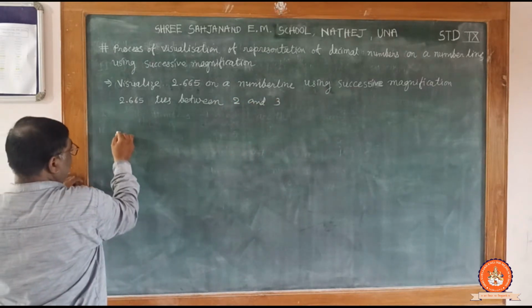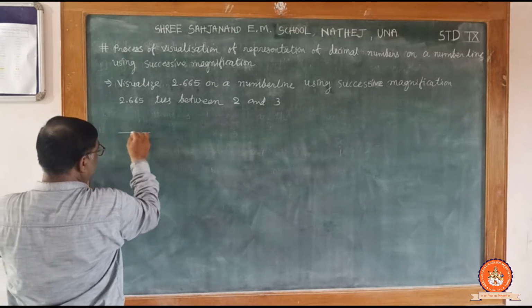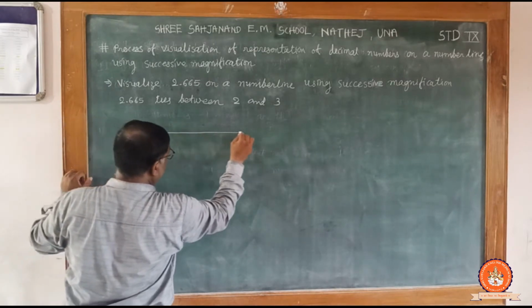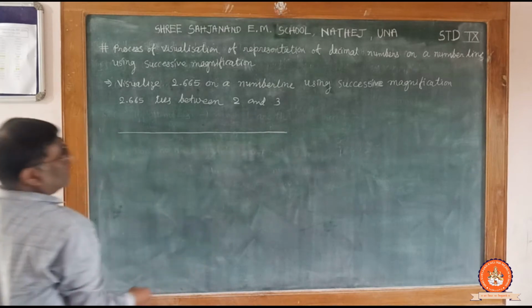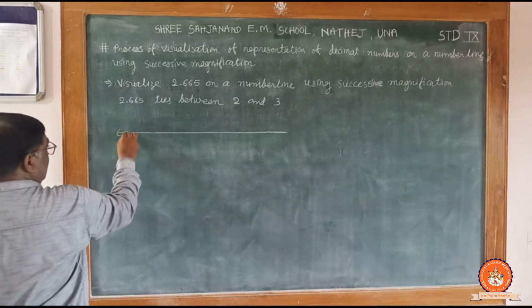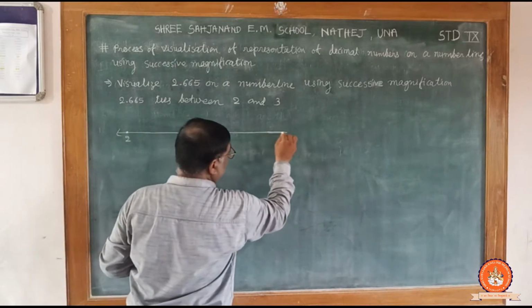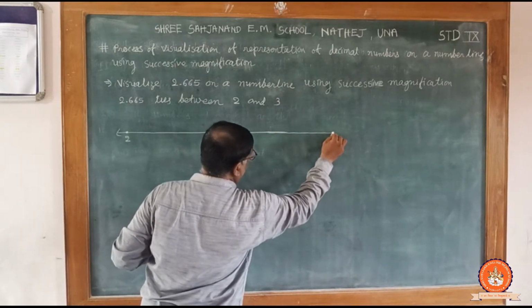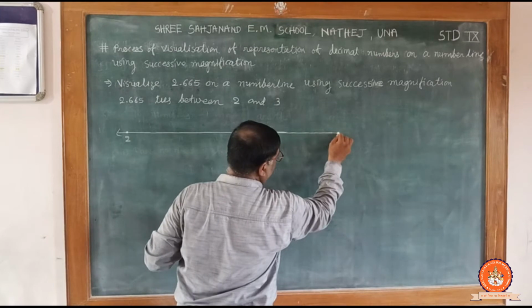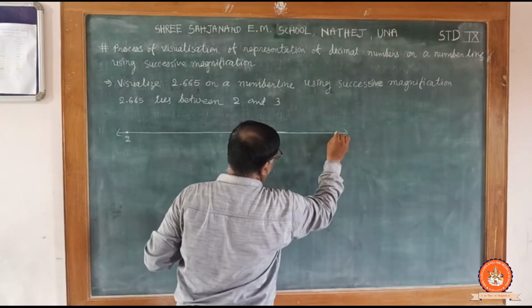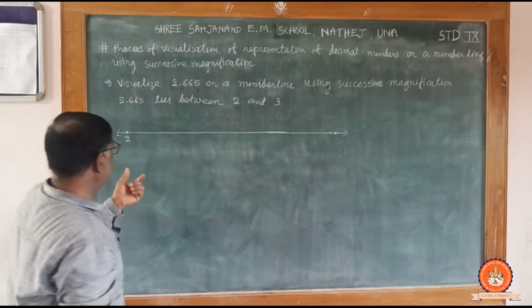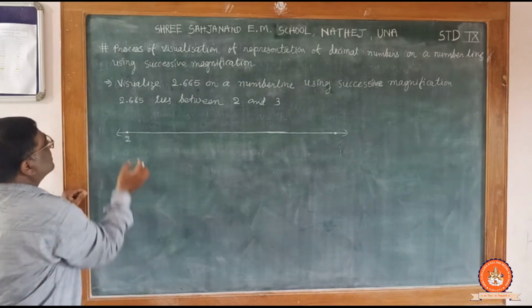So we have to draw a number line only showing 2 and 3. Now split it into 10 small parts.